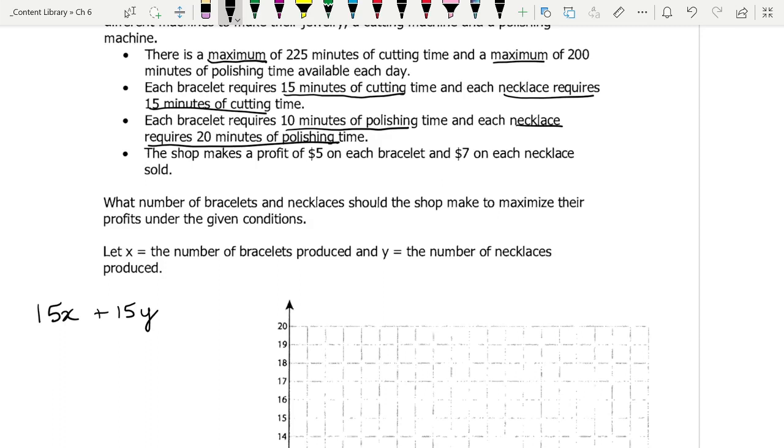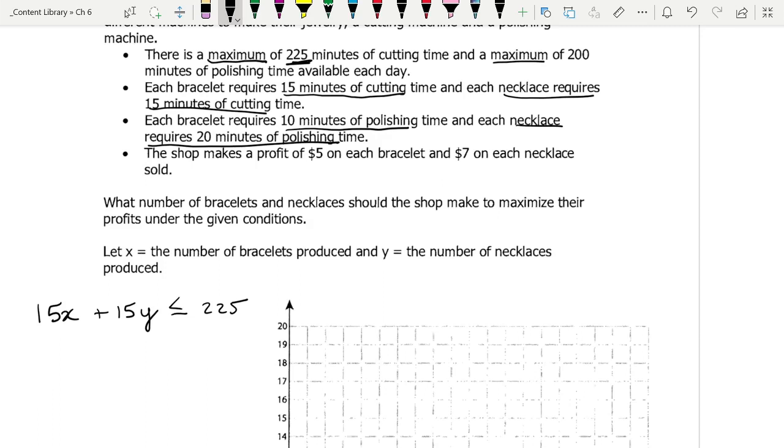And I have a maximum cutting time of 225. So 225, if there's a maximum, what kind of a symbol do you want? Equals and less than. Very good, because you can't go over it. It's a maximum.